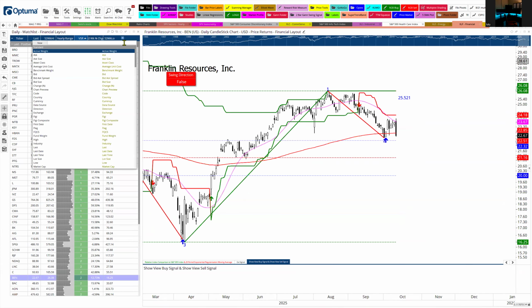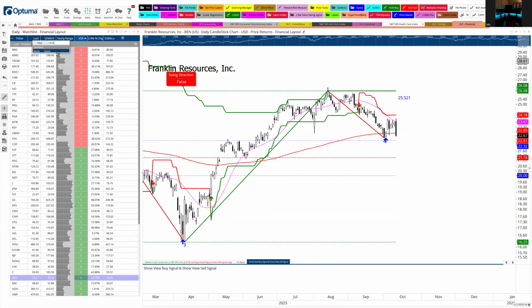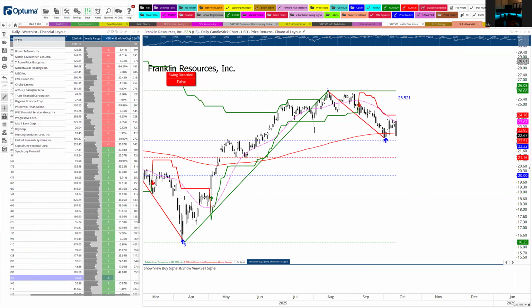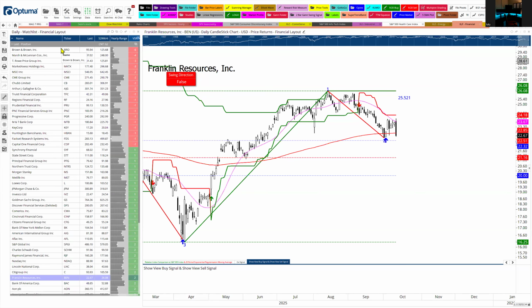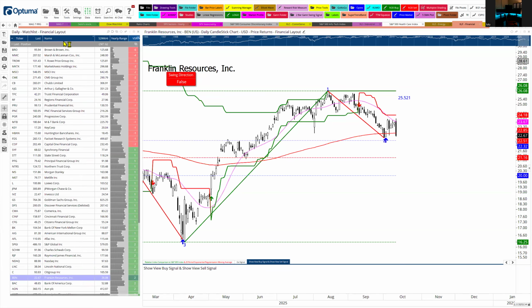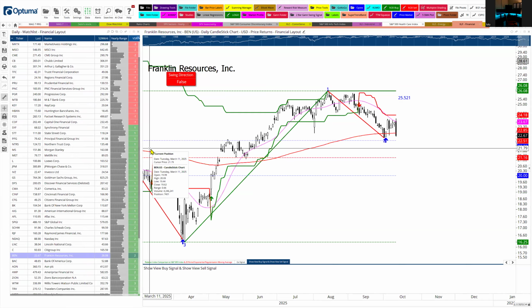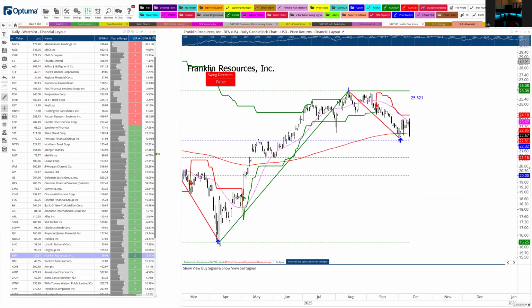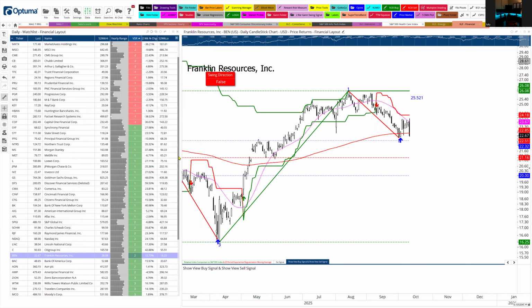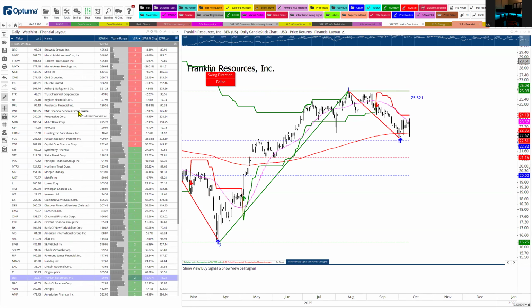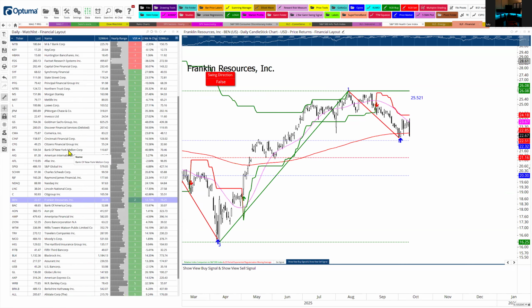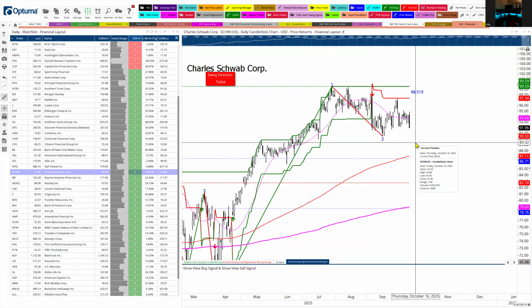I don't even know some of these names. Schwab, see, that's the 1-2 swing.